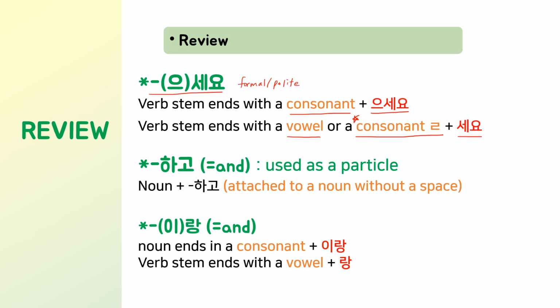And 하고 is used as a particle and attached to the noun, but without a space. So 하고 you can use with any words, regardless of how the noun ends. Okay? But 이랑, another word for "and", or 랑: if the noun ends in a consonant, you have to add 이랑. But if the noun ends with a vowel, you have to add 랑. Okay? So that's all for the grammar today.